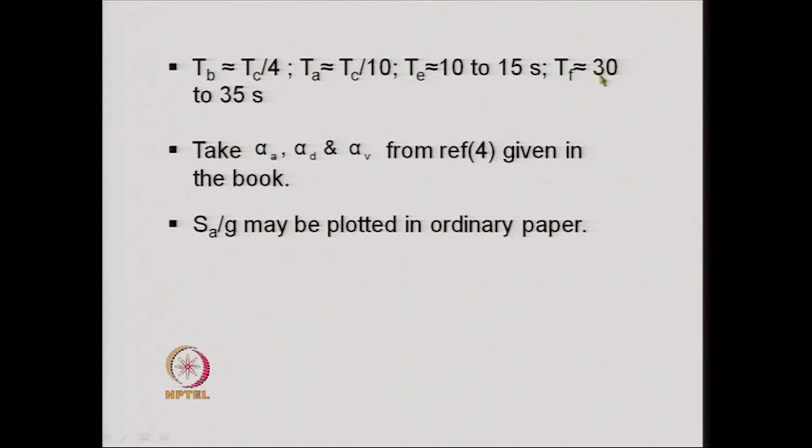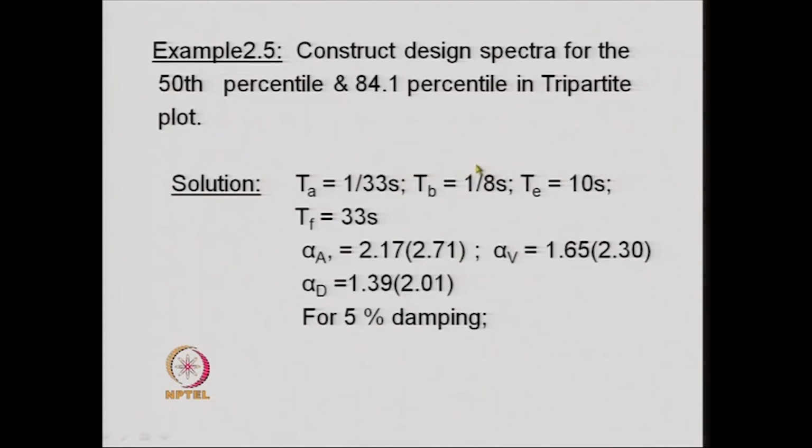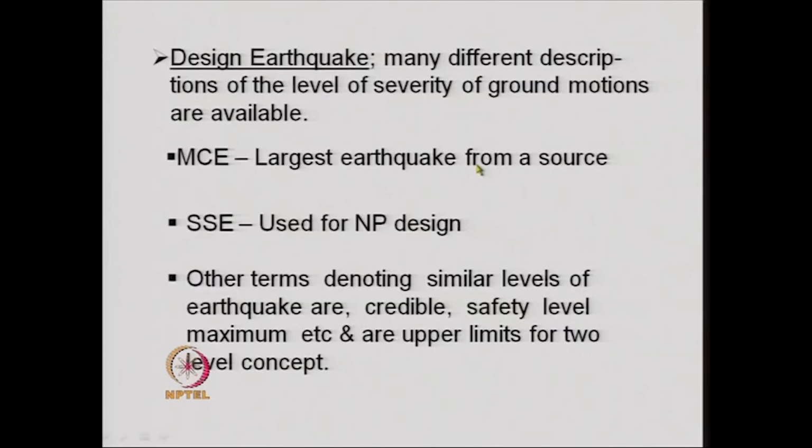TE and TF generally lie in this range. We have discussed how one can obtain a design response spectrum using an idealized series of straight lines plotted in a tripartite plot.